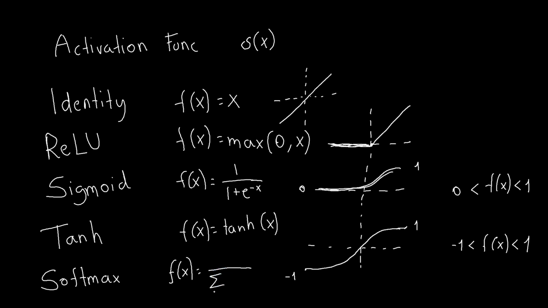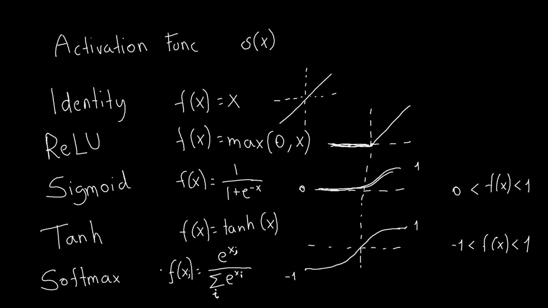We have to sum the outputs and we divide it by our output x_j. So this output will be divided by the sum of all the outputs with e in the exponent. This is our i, and this is also an i.